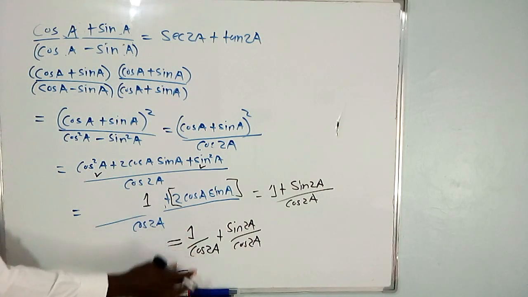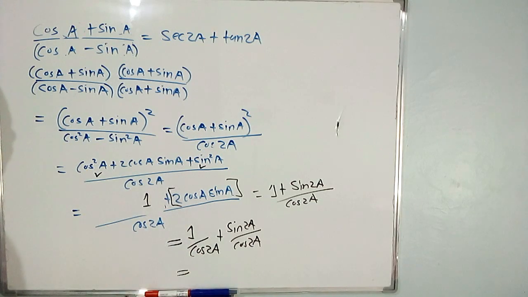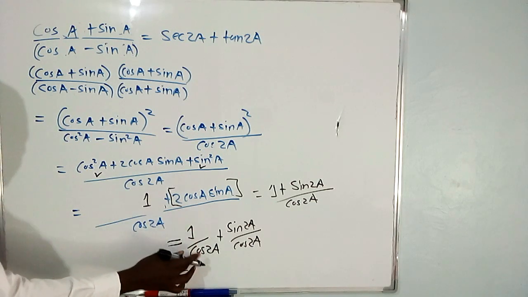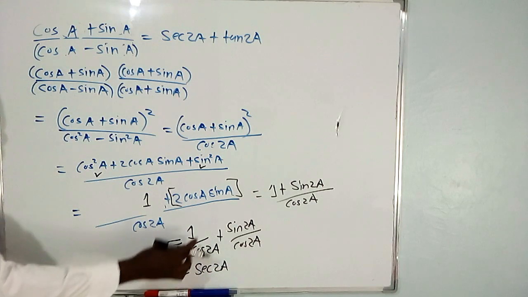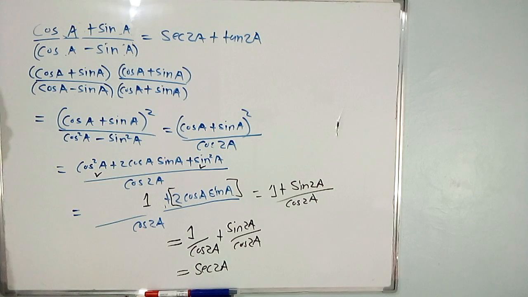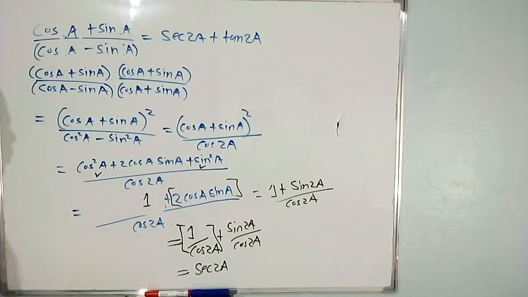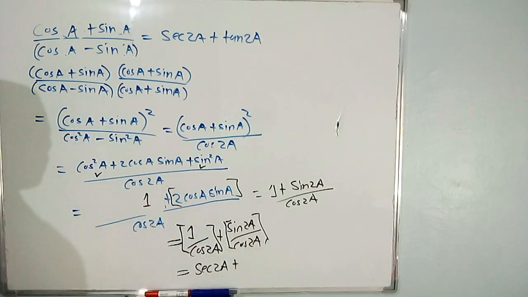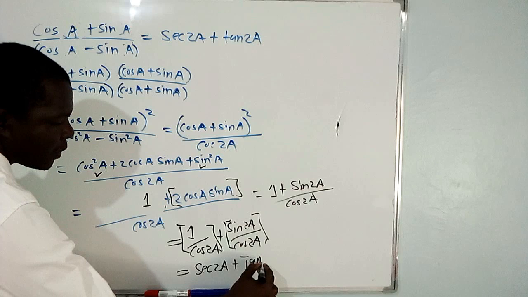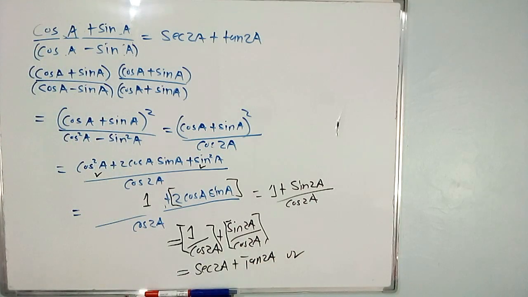So what is 1 over cos 2A? 1 over cos 2A is the reciprocal of cos 2A, isn't it? The reciprocal of cos is what? Sec. Meaning 1 over cos 2A is sec 2A, plus sin over cos is tan, isn't it? Meaning sin 2A over cos 2A is tan 2A.